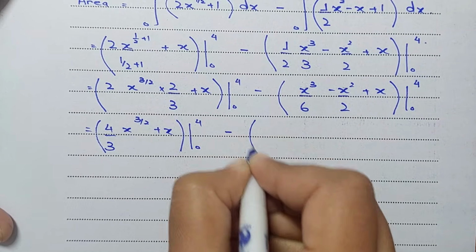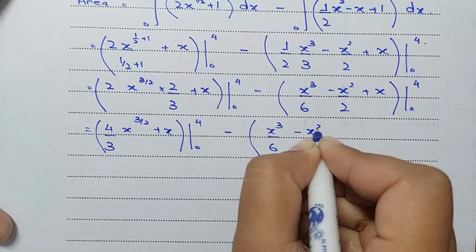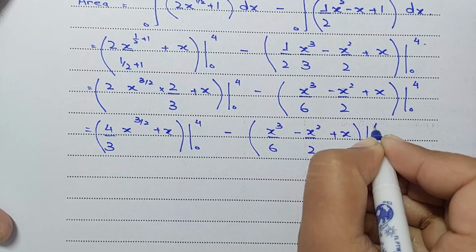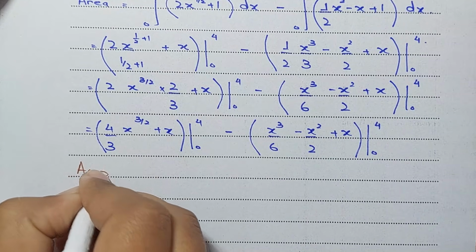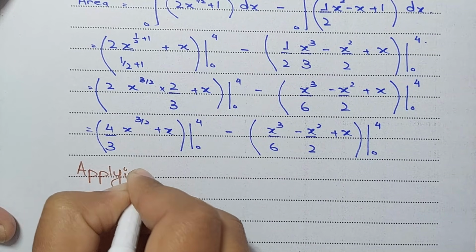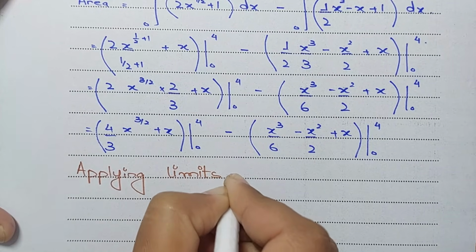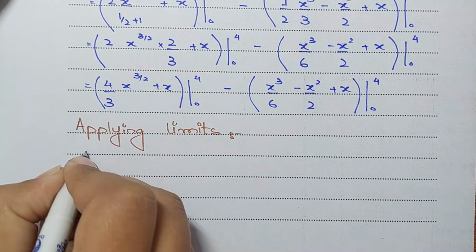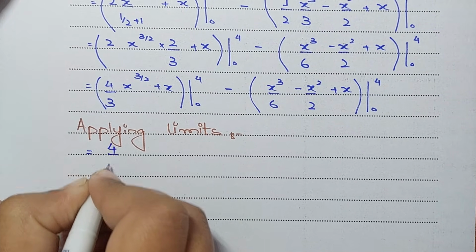Subtract, we have a limit x cube over 6 minus x square over 2 plus x from 0 to 4. Now we have to apply limits. When we are applying the limits, we have upper limit 4 over 3.